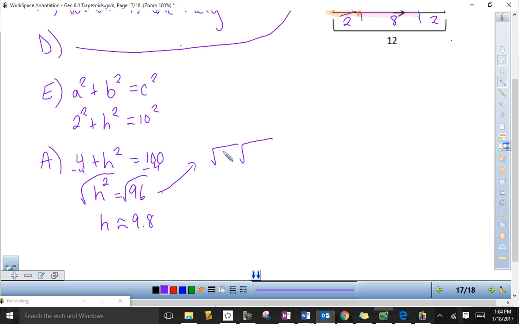Okay, biggest one was 16, went in 6 times. Square root of 16 is 4. So if I'm answering my question in a full sentence, I will say the height is 4 square roots of 6, or approximately 9.8 units tall.